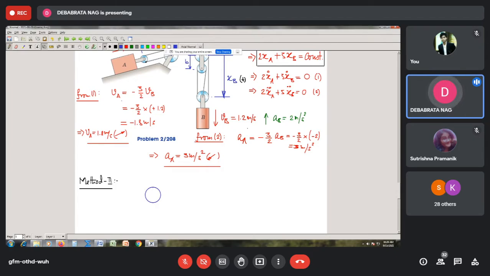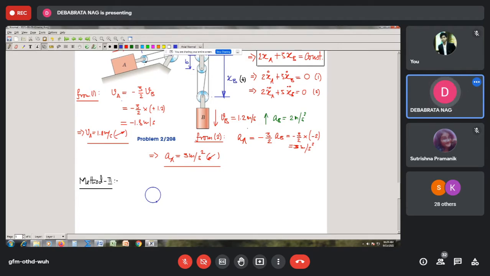Now since this point is fixed, we have seen that this point is going to be fixed. So either this pulley will rotate in the clockwise direction, or it is going to rotate in the anti-clockwise direction. Which direction to start with, I do not know, but here at least the velocity of this is being given in the downward sense.